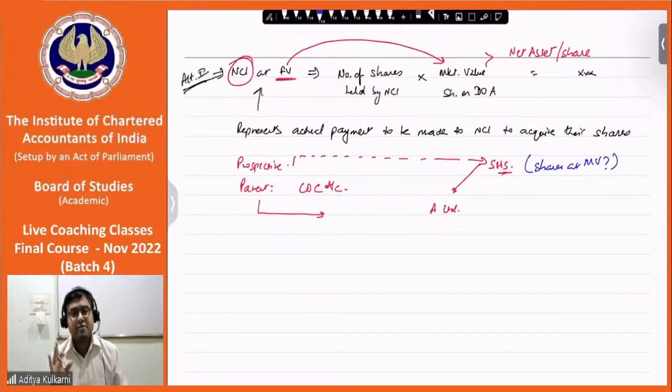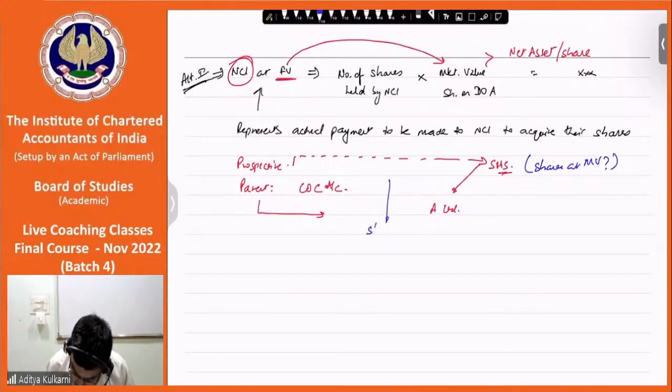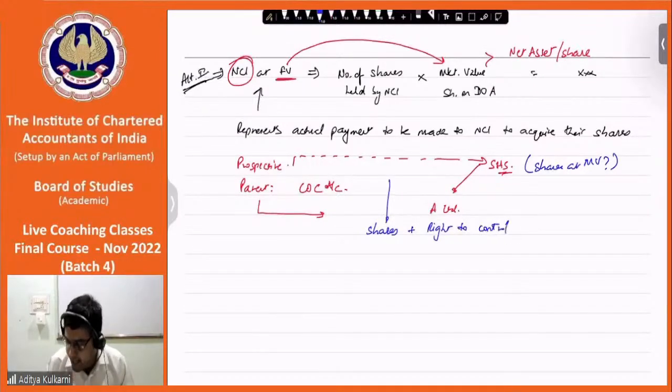They can never give the shares at market value, because when you are acquiring control, what you are acquiring is not just the shares, but the shares plus a right to control. And therefore, what you will be paying is something known as market value plus a control premium.